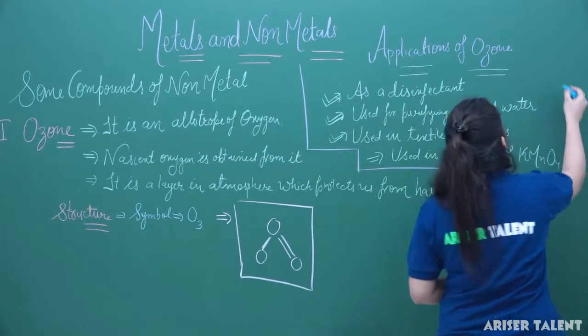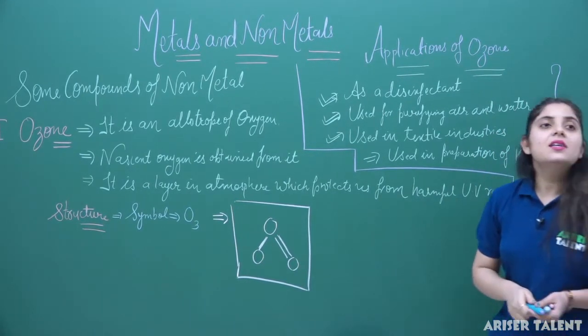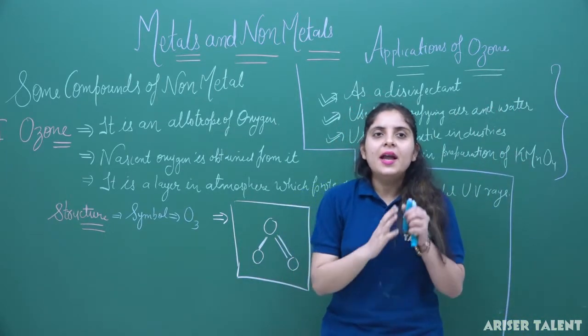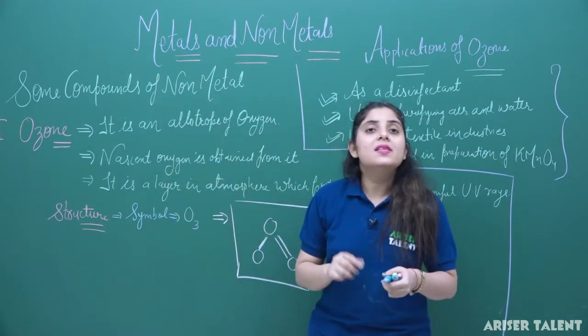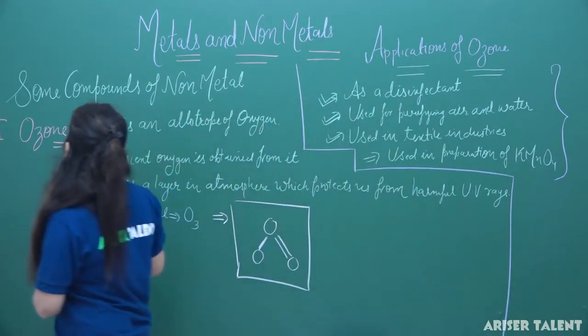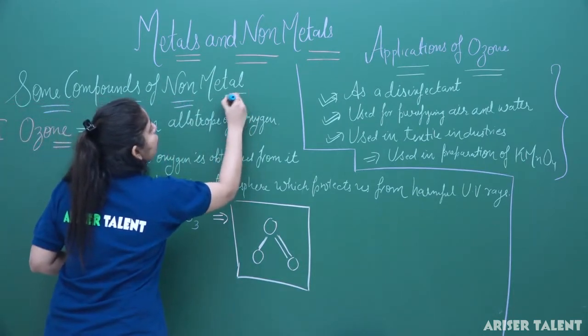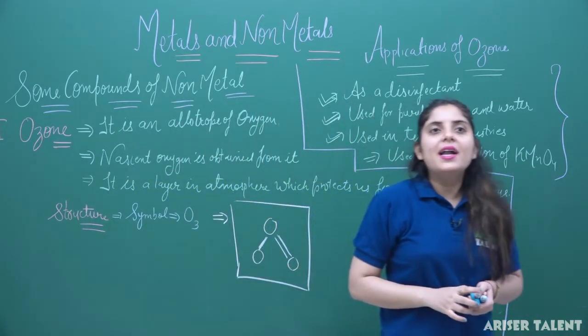So these are some of the basic applications of ozone, which is used to obtain nascent oxygen. And oxygen is basically a non-metal, and we are studying some important compounds of non-metals in our day-to-day life. So you can copy it from here. So we can proceed to our next compound, that is hydrogen peroxide.